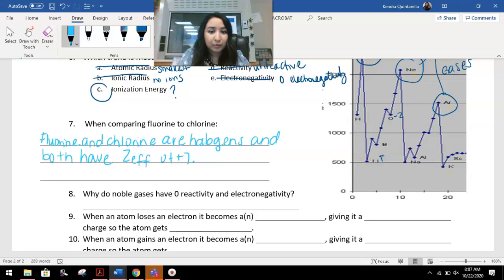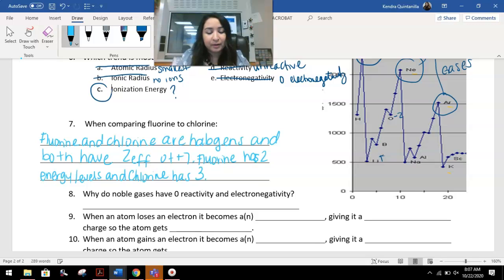Now, what is different is the amount of energy levels they have. So fluorine has, I forgot the S, has 2 energy levels. And chlorine has 3.